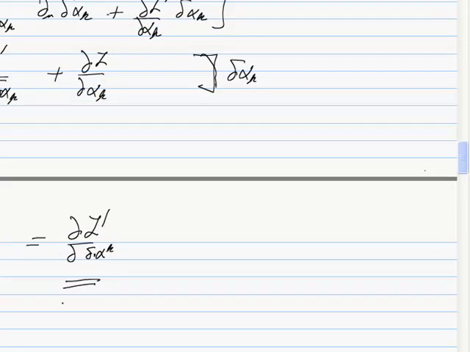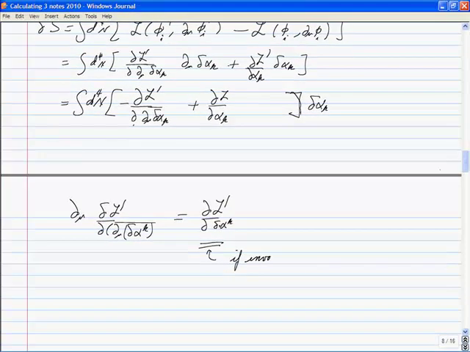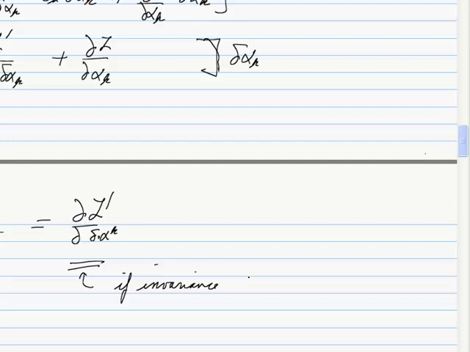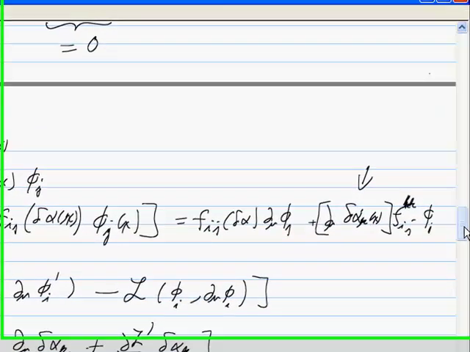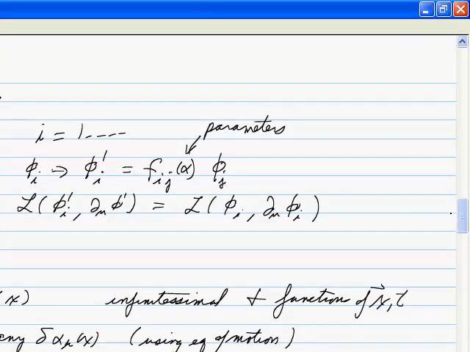This last term is 0 if there's an invariance. If there's the invariance, then the variation with respect to delta alpha is equal to 0, just because our invariance statement up there was that if I made this transformation, the Lagrangian was independent of that.